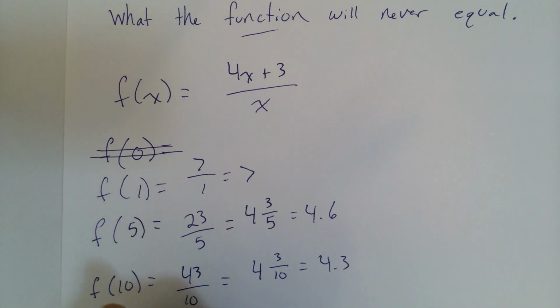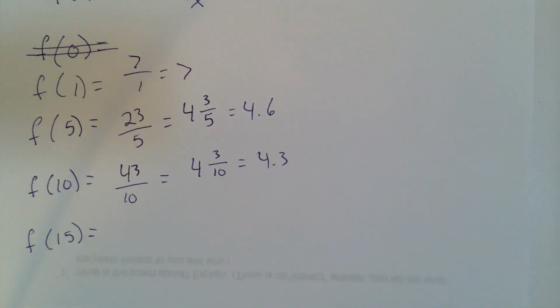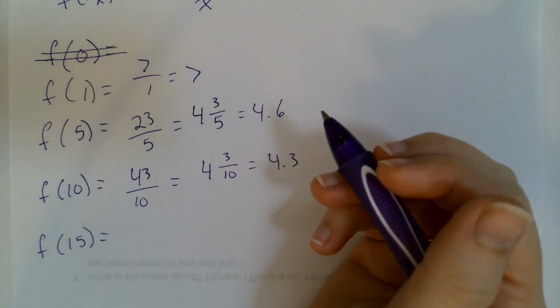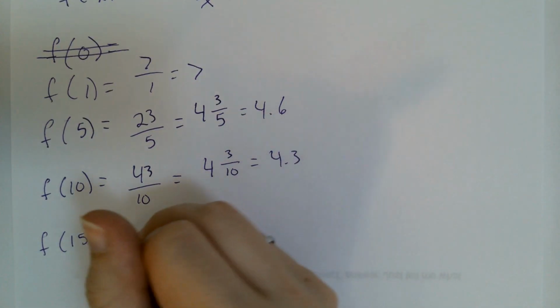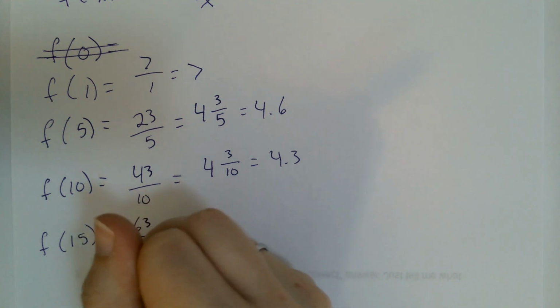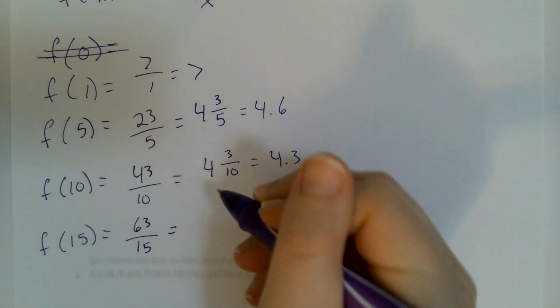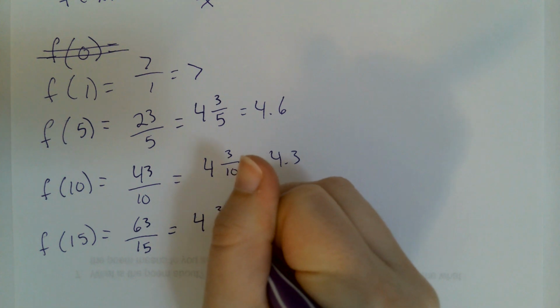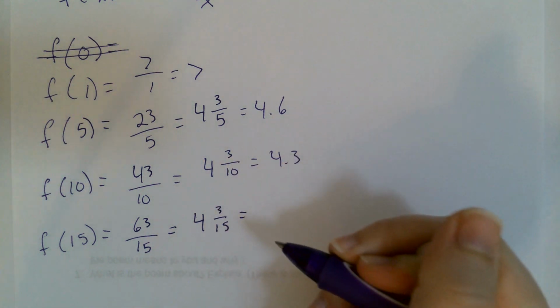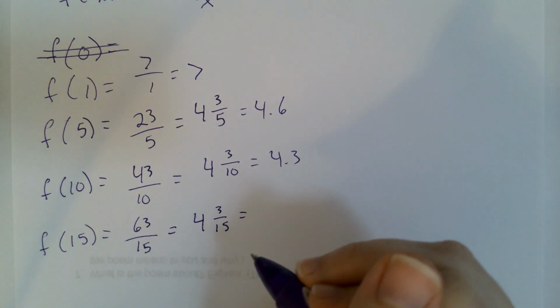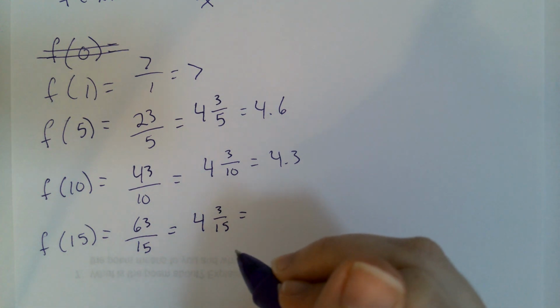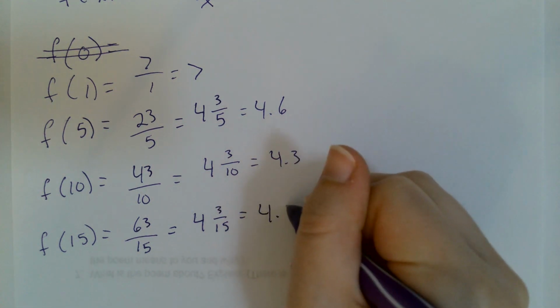F of 15 is going to give us 15 times 4 is 60, so 63 over 15, and that's going to be 4 3/15, which is, I'm going to have to use my calculator to get this in decimal form, 4.2.